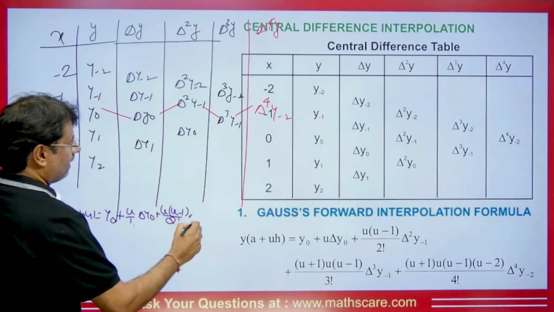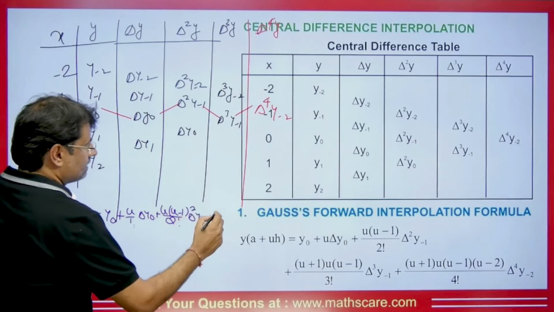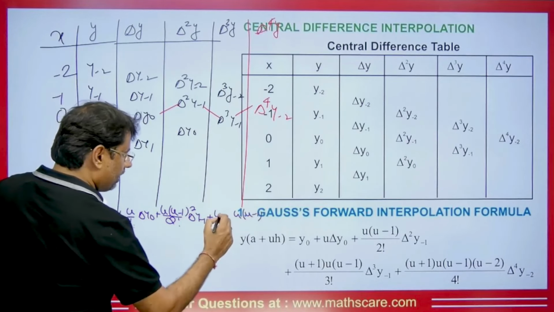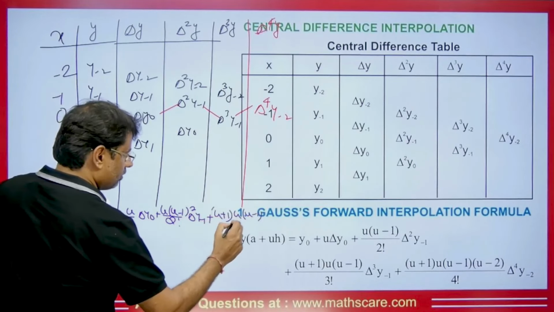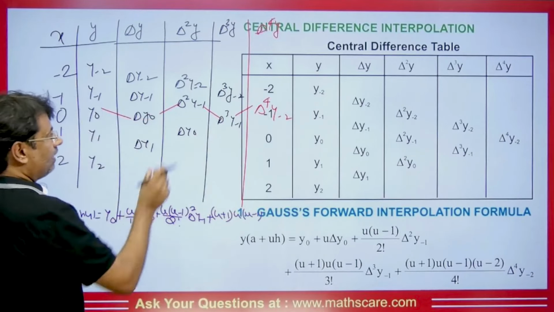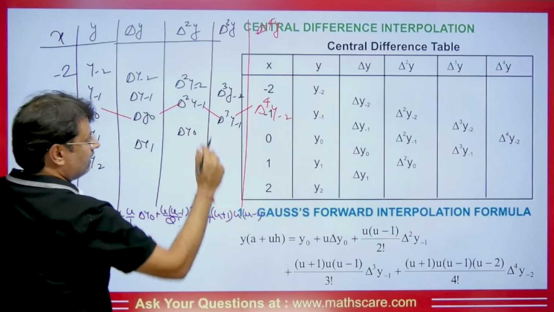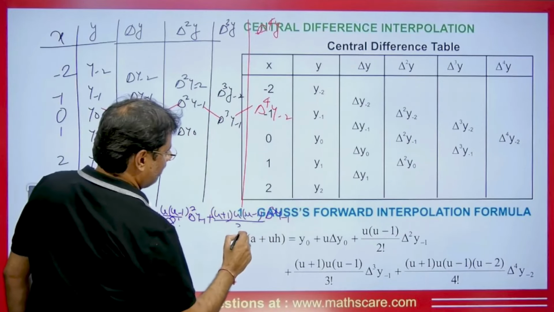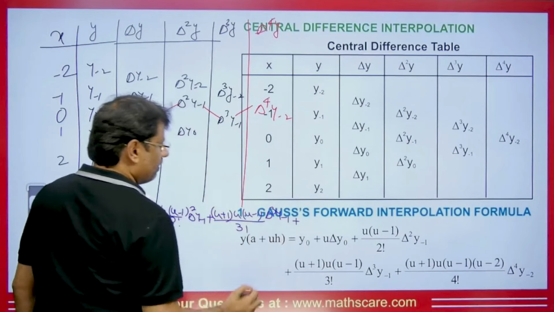Upon 2 factorial, then del square y-1 plus u. Now focus here, u into u-1 and u plus 1 here. Okay, are you getting my point, students? Understood? Then into del square y-1. Okay, and the next will be, look here everyone, del cube y-1 upon 3 factorial. And if we talk about the next term here, then we will get what?